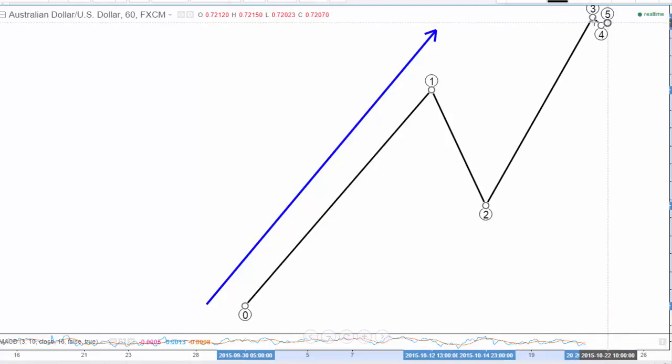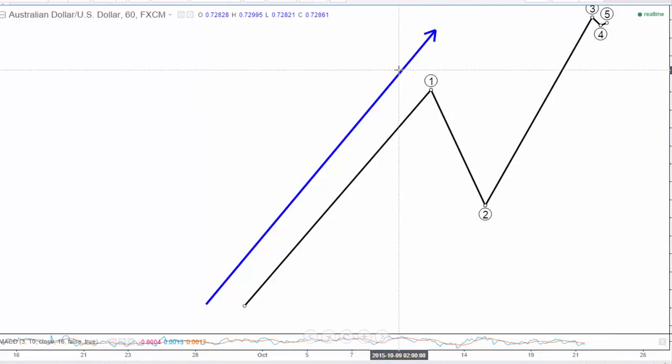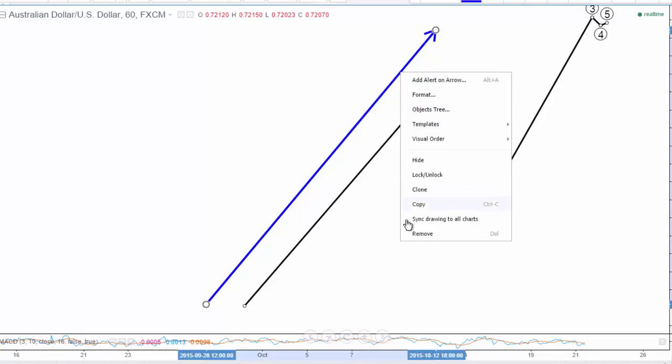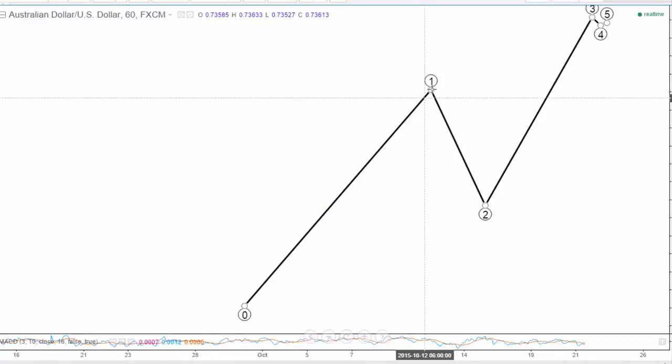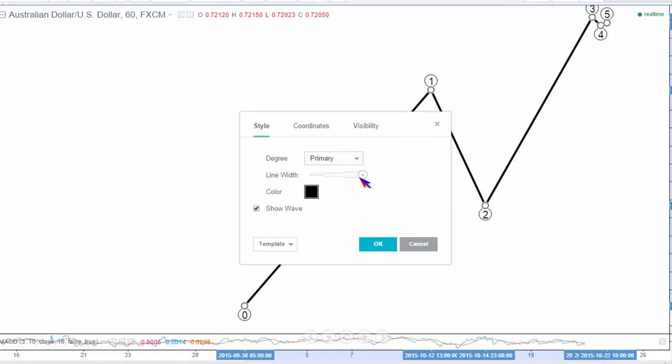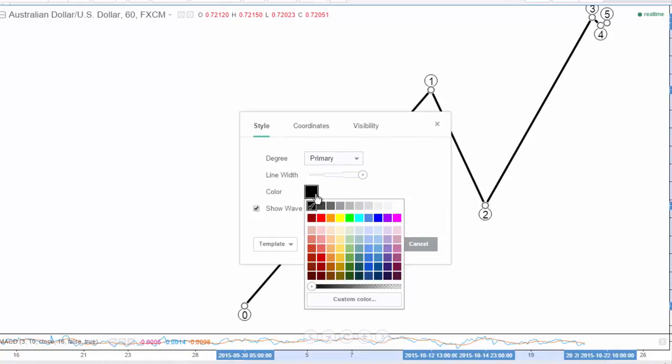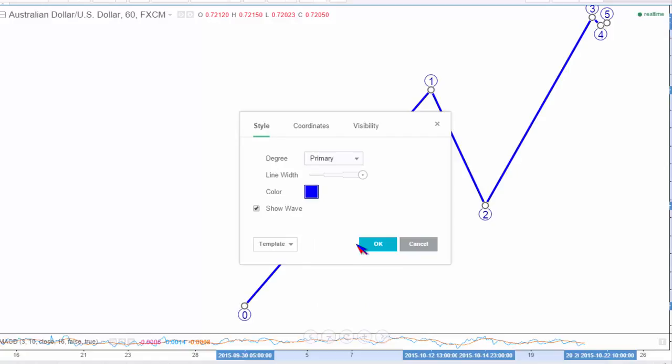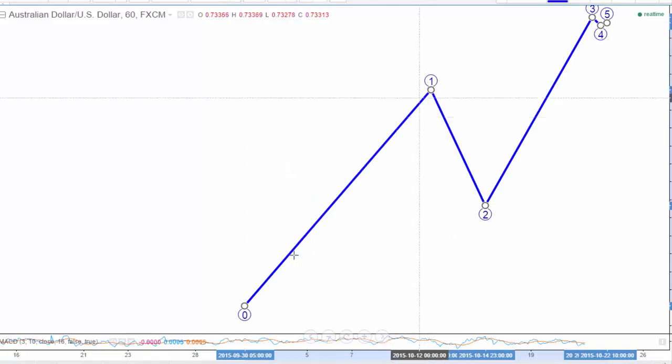Forget about all this other stuff. I just want to focus on this. So we're looking at this as the primary trend. So I'm going to make this bigger, thicker. We're going to call it blue. So this right here is the primary trend.